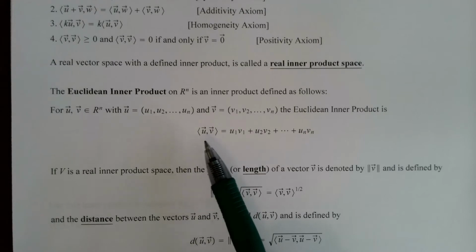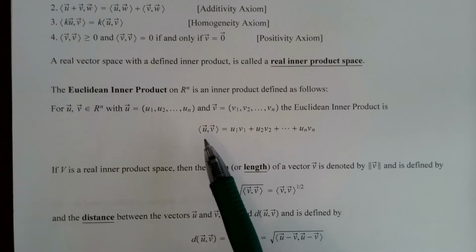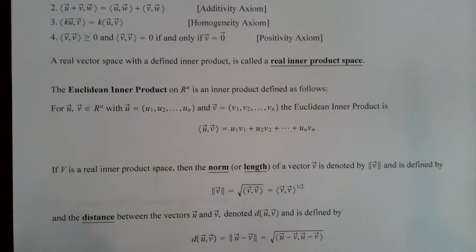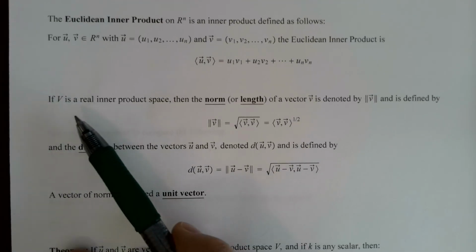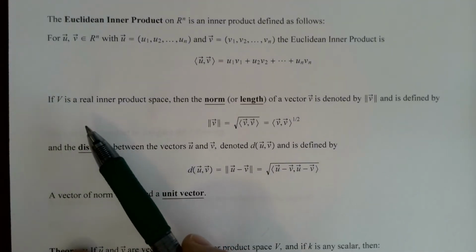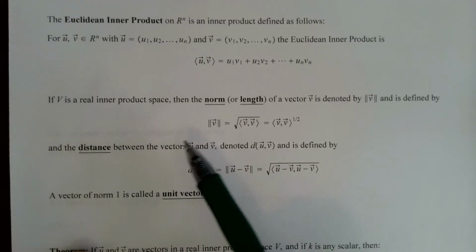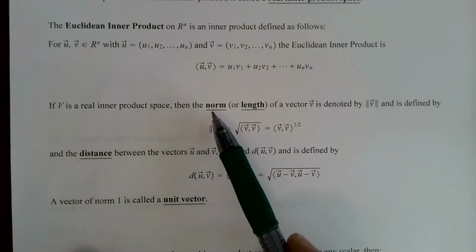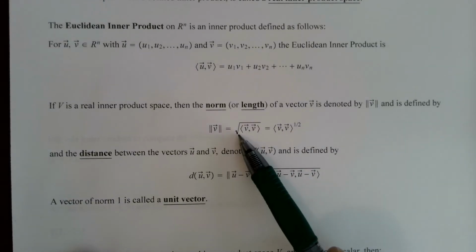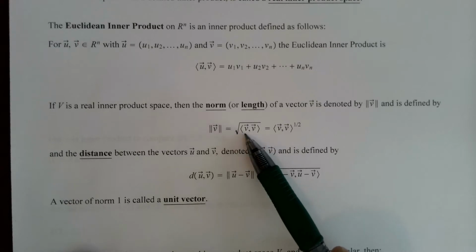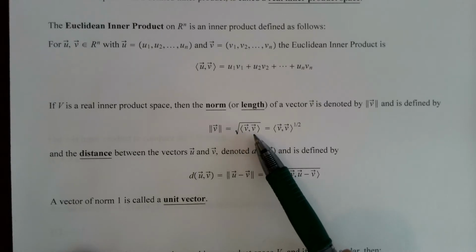Once you have a defined inner product, be it the Euclidean inner product or any other, then we can define these concepts here. So if V is a real inner product space, then the norm, or length, of the vector v is denoted this way, and the norm is equal to the square root of the inner product of the vector v with itself.